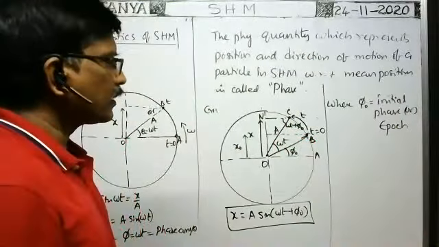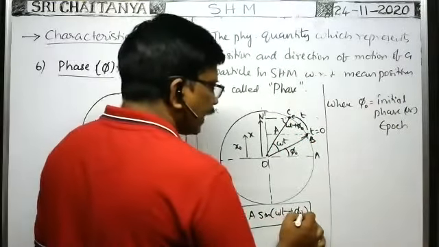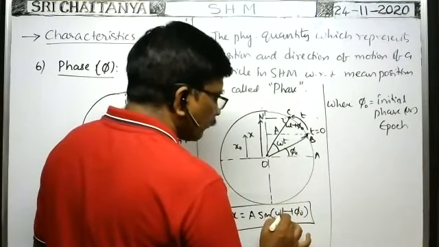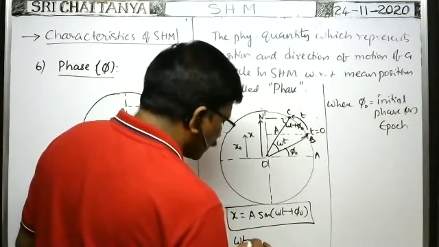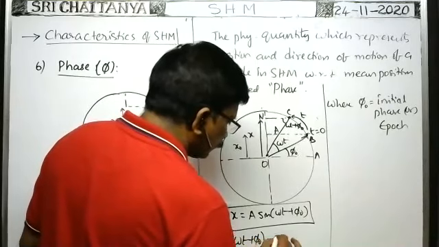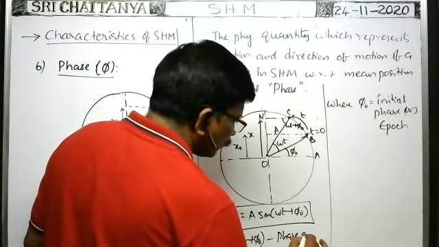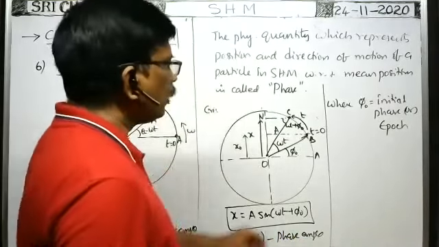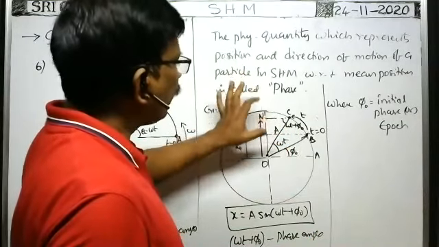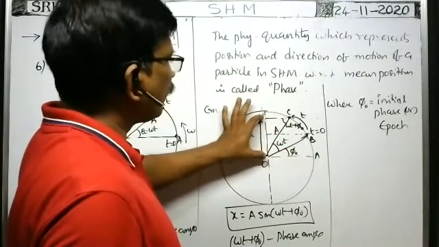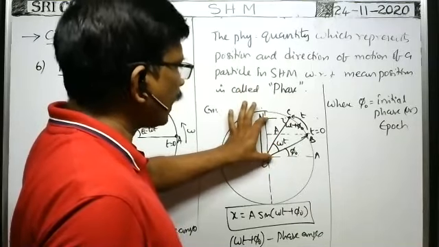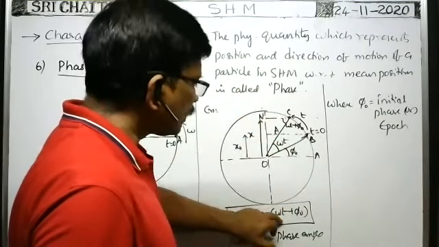Epoch or initial phase. This total angle, omega t plus phi naught, is the phase angle. Because when you know this angle, only then do we know where the projection of this particle lies on this y-axis. That's why it represents the phase angle.